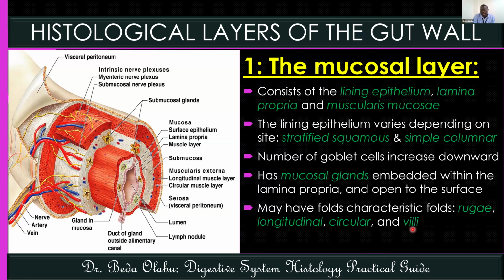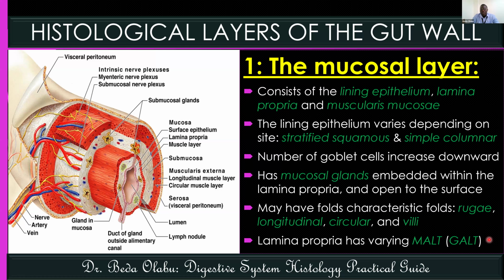And if you don't see villi, start questioning whether that is actually small intestine. It's almost black and white. They're finger-like projections. So these are some of the things we can look at in the mucosa.